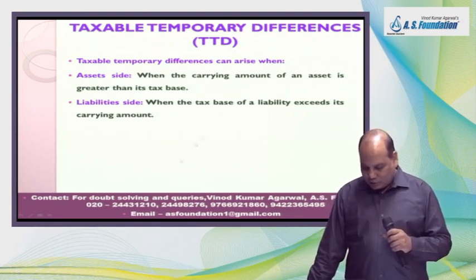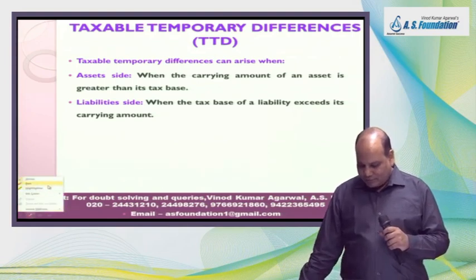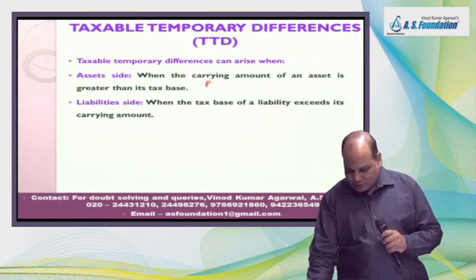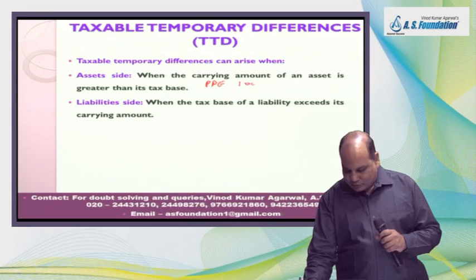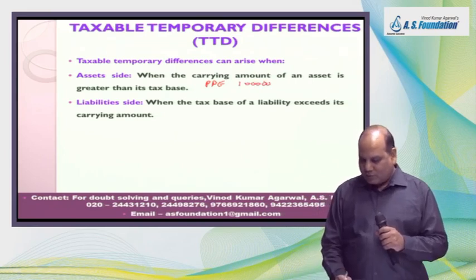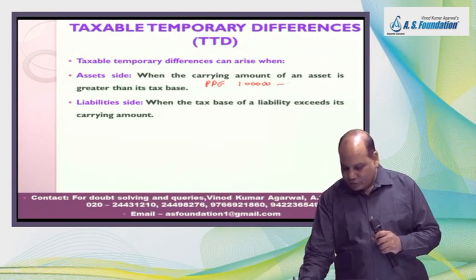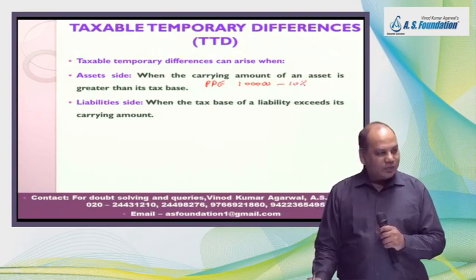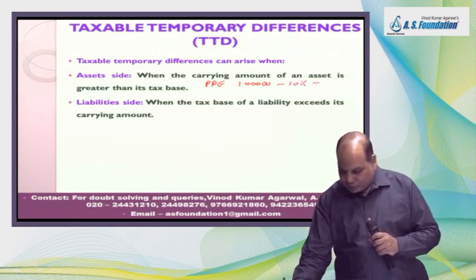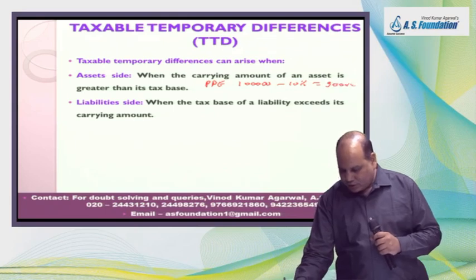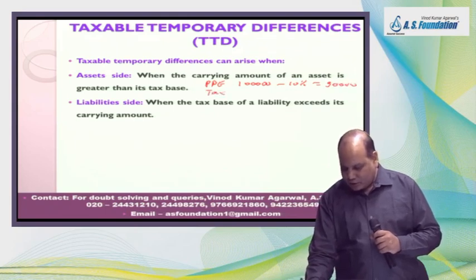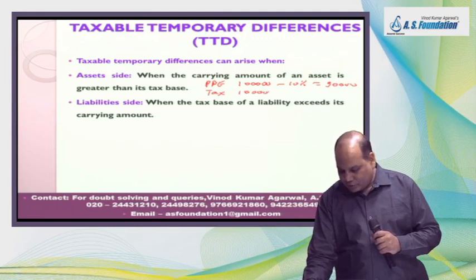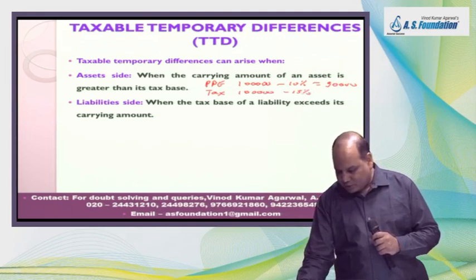Like it happens for property, plant, equipment, that you know. So I am taking that example. We purchased a property, plant, equipment for 1 lakh. Our depreciation rate is 10%. So 90,000 is the carrying amount. But for tax purpose, depreciation rate is 15%.